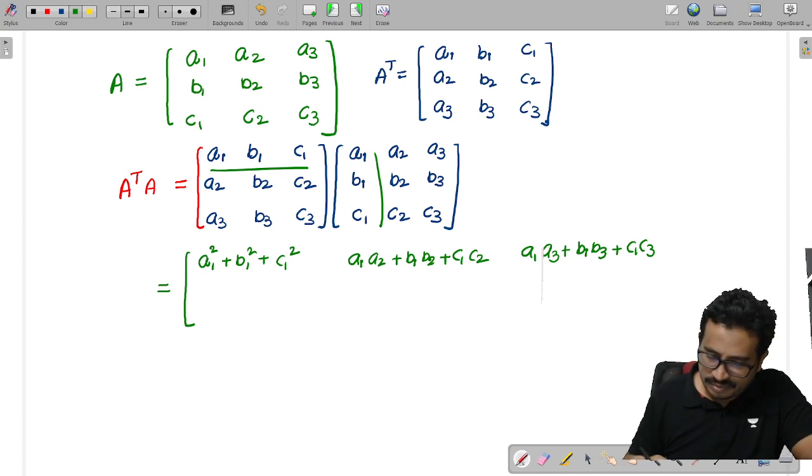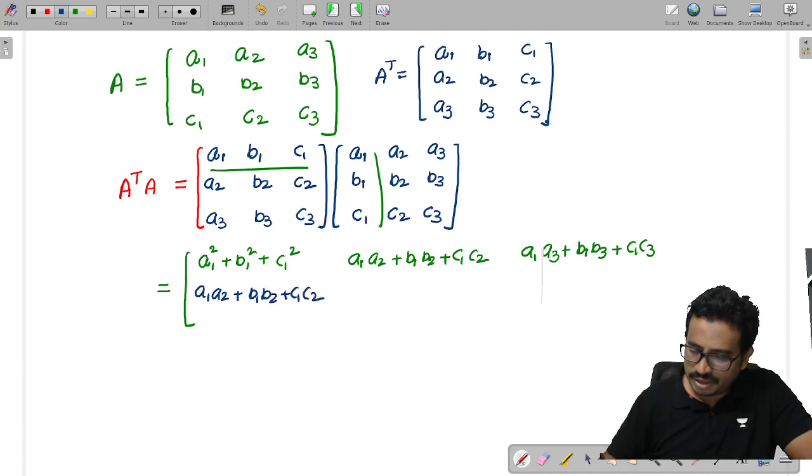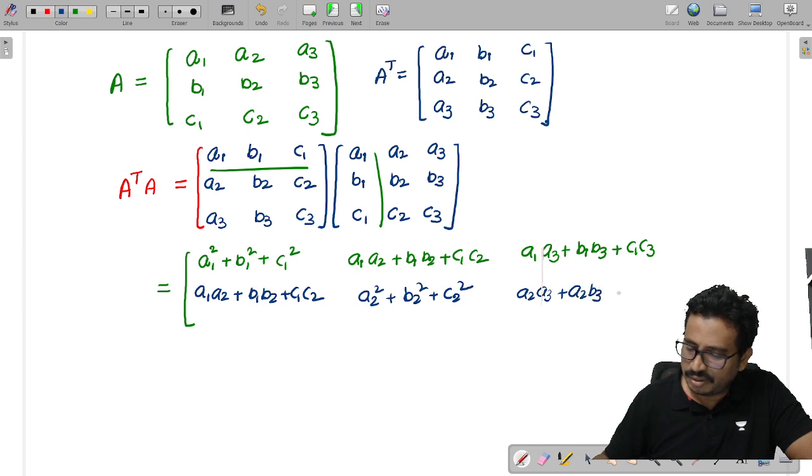In the second row, the first is a1 a2 plus b1 b2 plus c1 c2, then a2 square plus b2 square plus c2 square, then a2 a3 plus b2 b3 plus c2 c3.